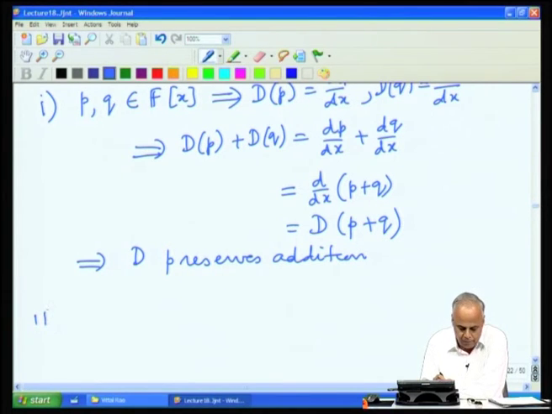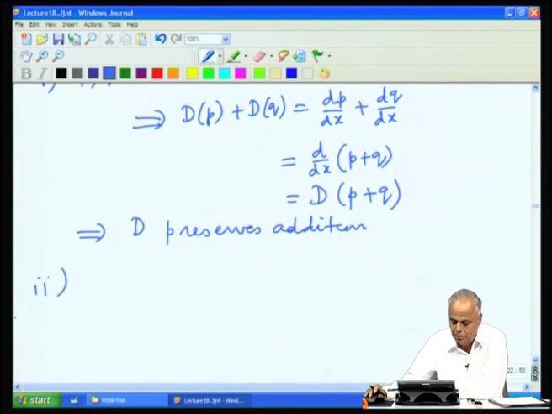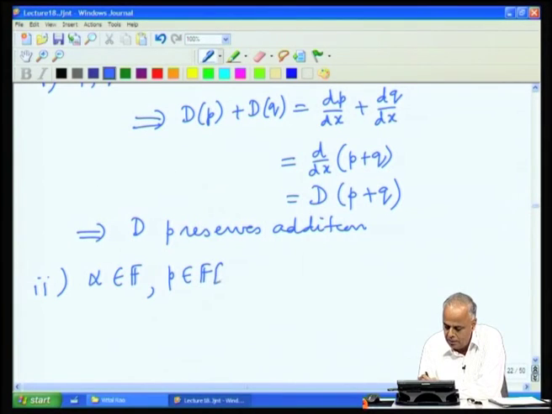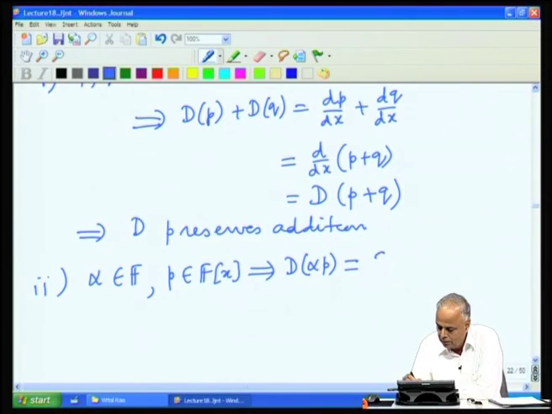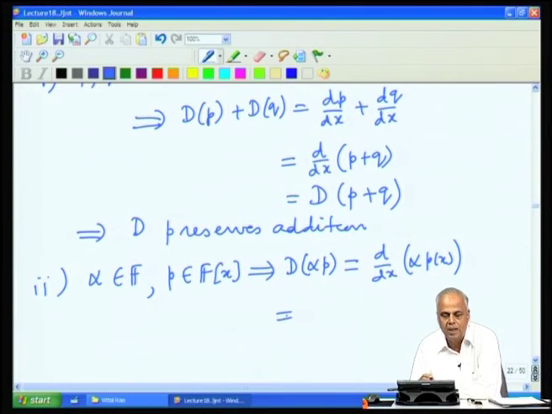The next thing that we have to verify is whether D preserves scalar multiplication. So, if alpha is any scalar and p is any vector, vectors are now polynomials, we have D of alpha p, by definition, this is d/dx of alpha p(x). But we know that for the derivative of a constant times a function, the constant can be pulled out.